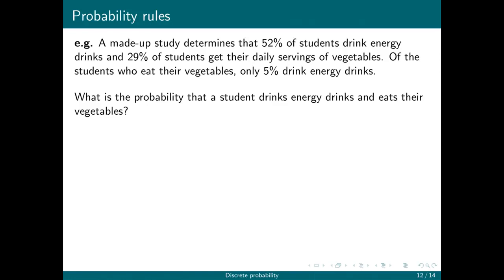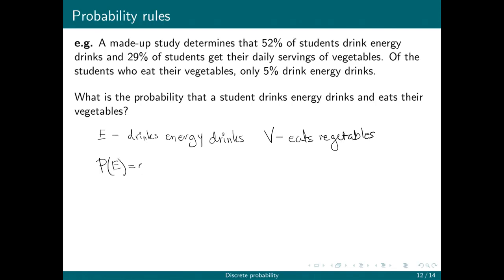So we're going to let the letter E stand for the event that a student drinks energy drinks. And we're going to let V stand for the event that a student eats their vegetables. Then we are told that the probability of E is 52%.